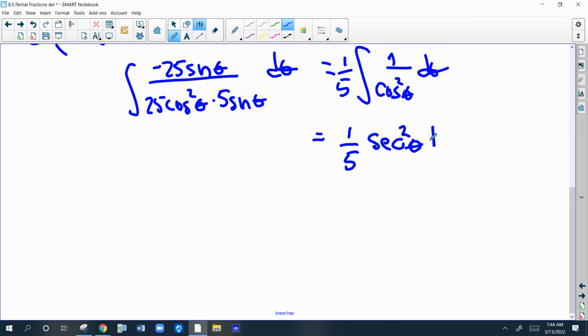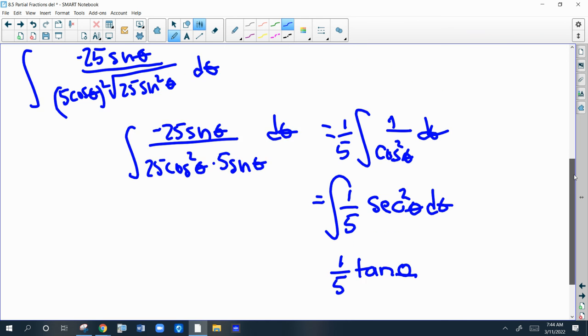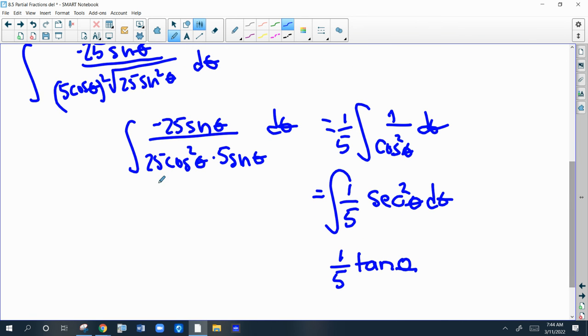Perfect, because we know that the integral of secant squared is tangent. So we've completed the integration. That is great. And as you were hopefully yelling at the screen, I forgot my negative sign. But now it's fixed.